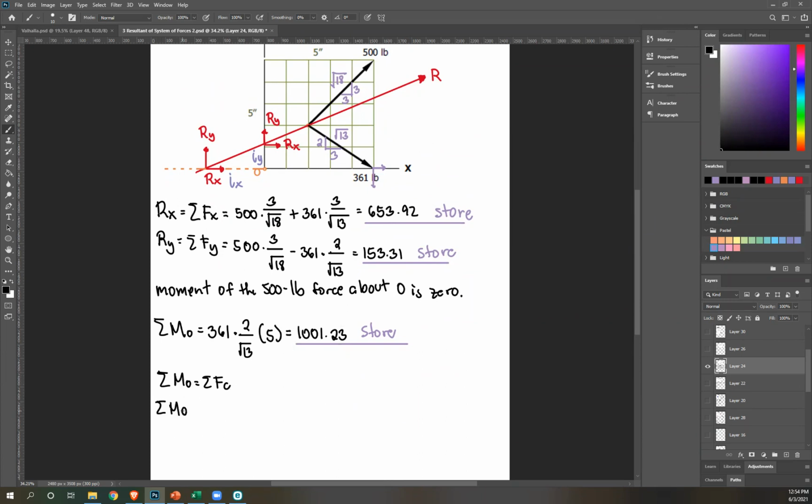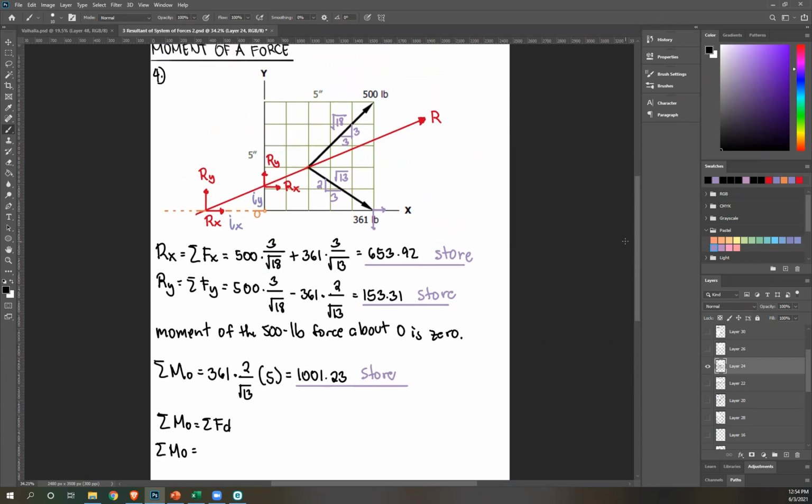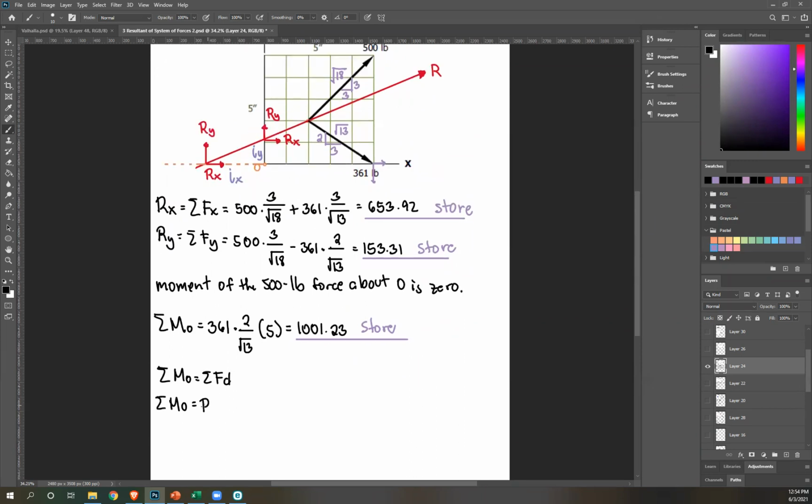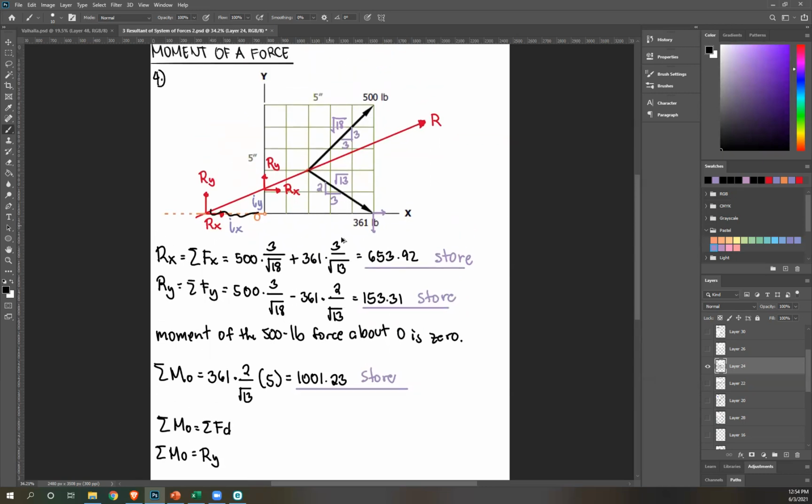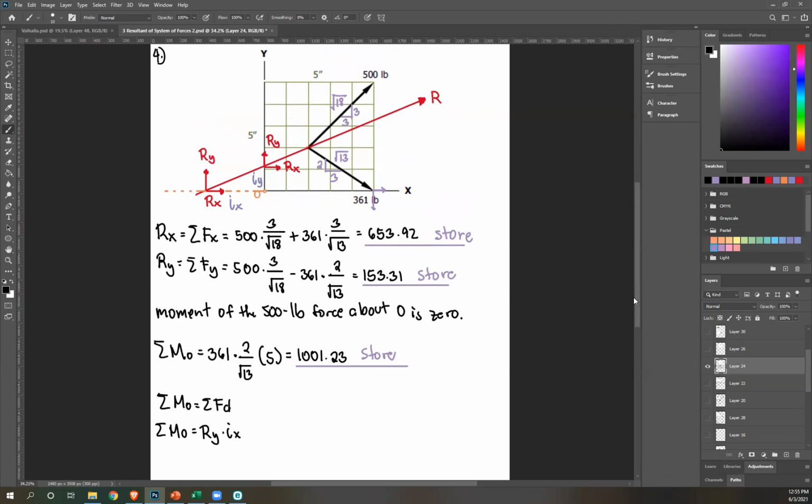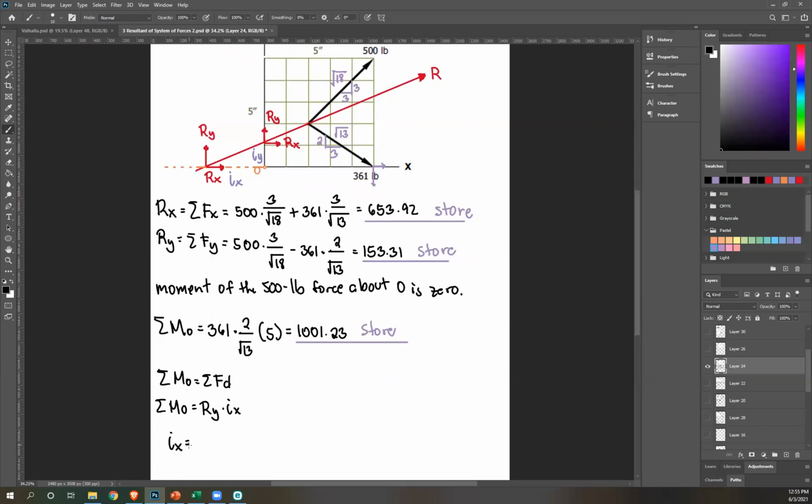Now we're using the resultant. This is solving for MO using components of individual forces. Now we're using the resultant. Once again, Rx passes through O, I'm left with Ry. Rotate Ry about O, that's clockwise, therefore positive Ry. The perpendicular distance of Ry to O is Ix. That's Ix. Considering MO is 1001.23, Ry is 153, please compute what's Ix. Remember, you stored those values, so it should be easier to solve for.